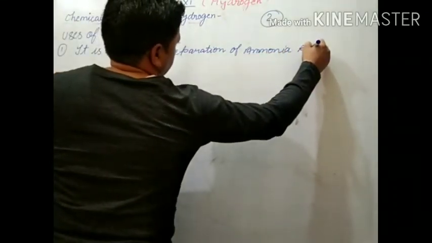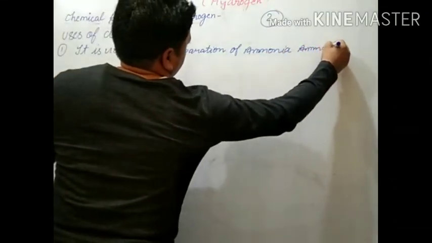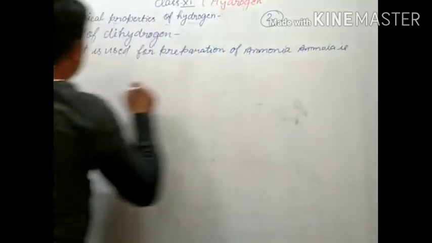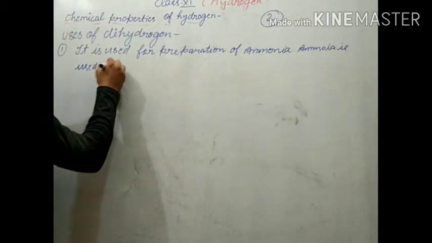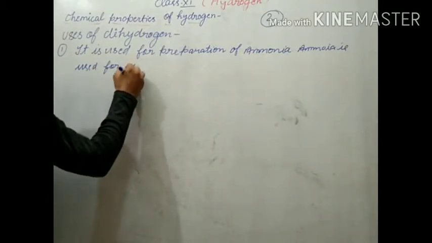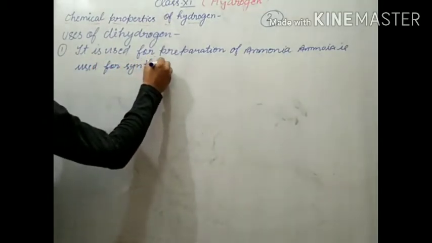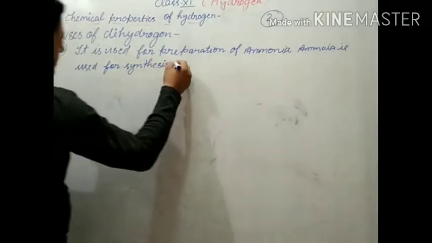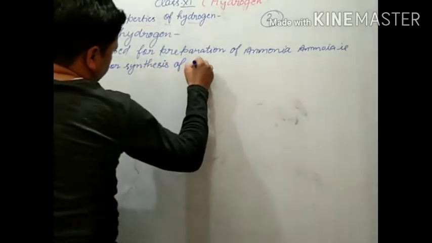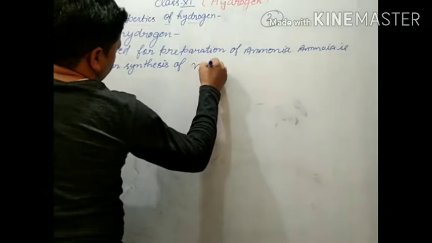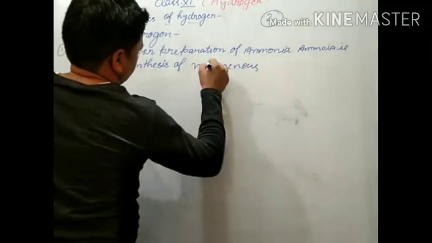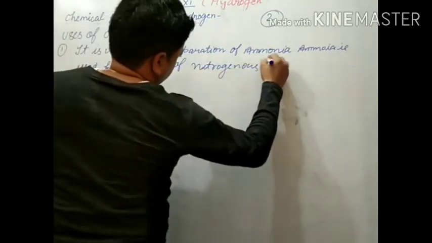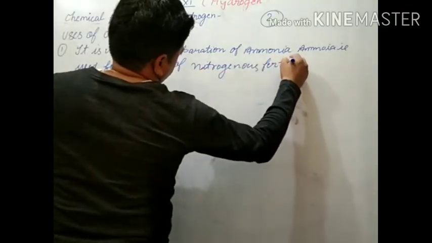Ammonia is used for synthesis of nitrogenous fertilizer.